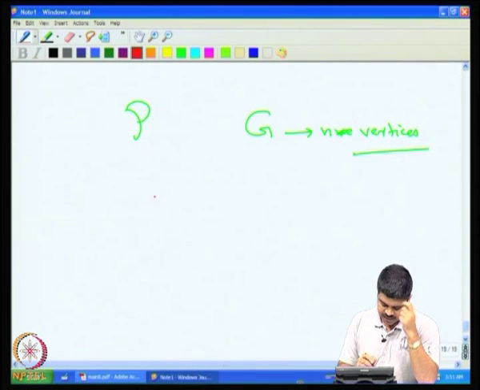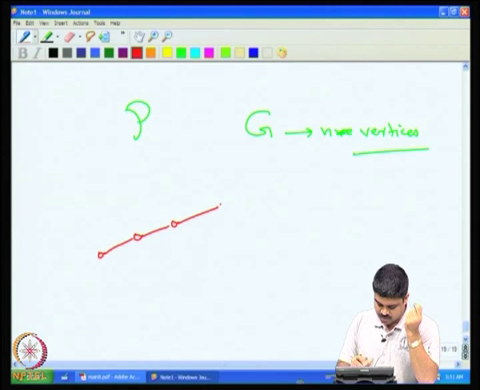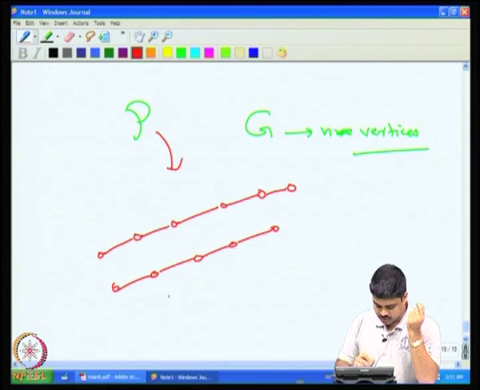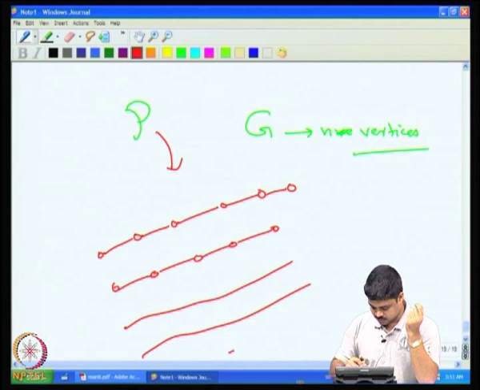Now, this n vertex graph, let us consider a minimal path cover of this, any minimal path cover, let it be P. Let us say I am drawing this like this, it can be anything, or I can just draw it without marking the vertices.